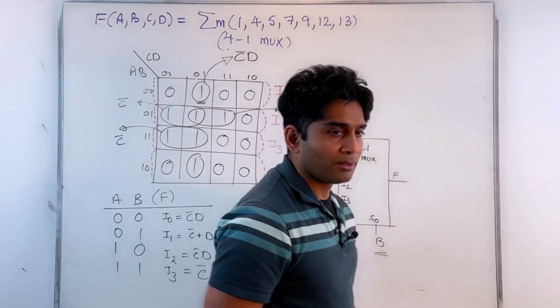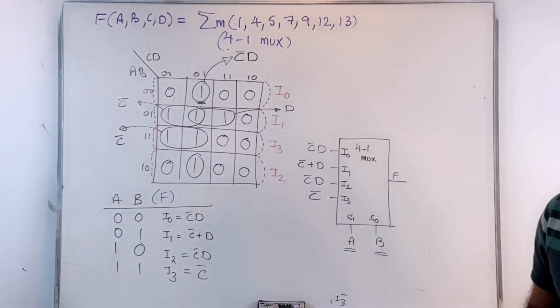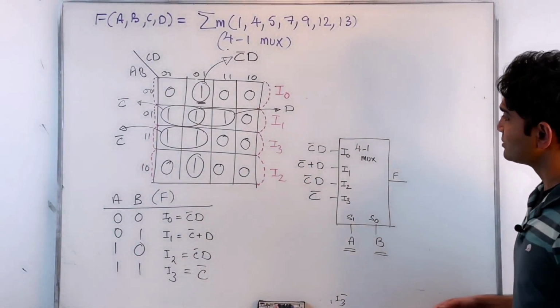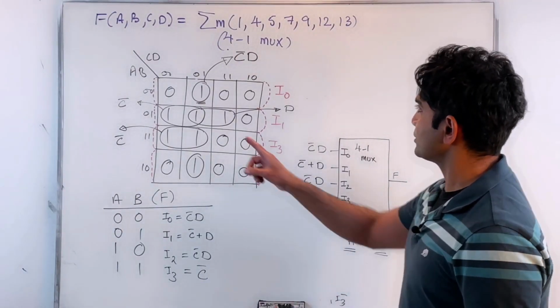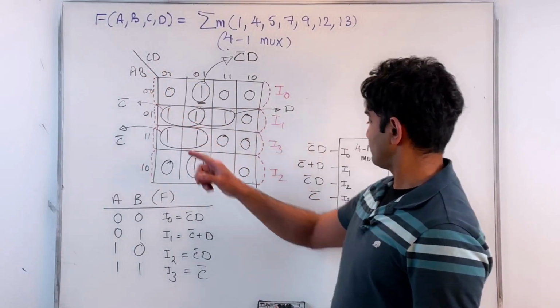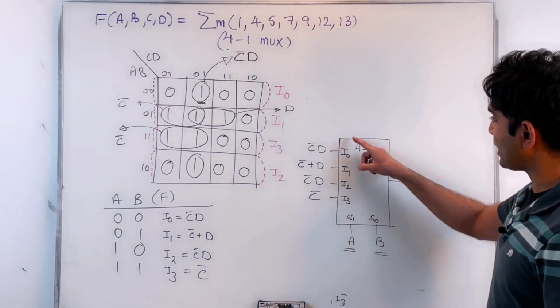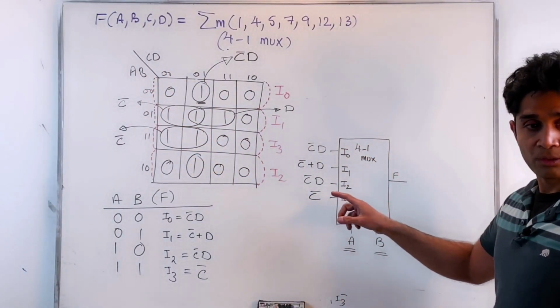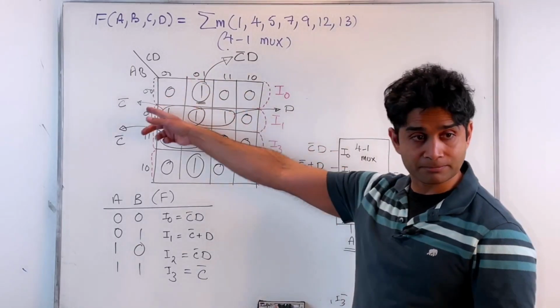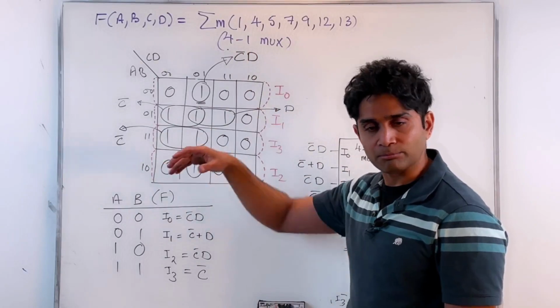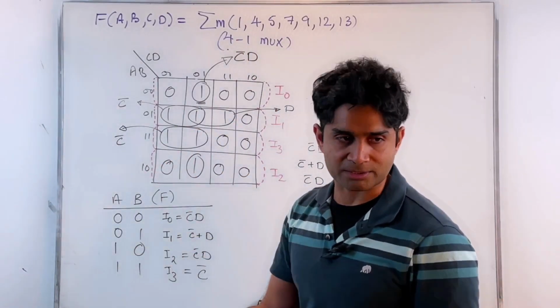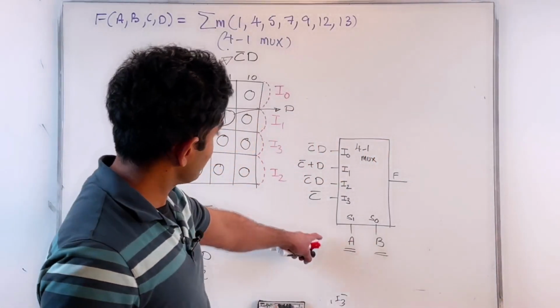All right. A good exercise for you guys moving forward is to see what happens if I've chosen C and D as my selector inputs. If I chose C and D as my selector inputs, my I0 through I3 are functions only of A and B. My columns become the sub K-maps. Perform the combinations and compare your result, your function for the multiplexer.